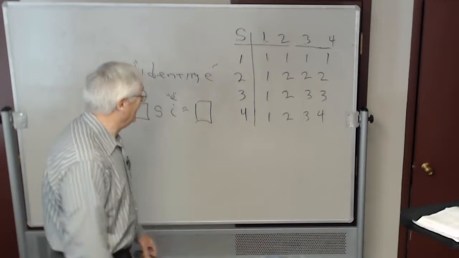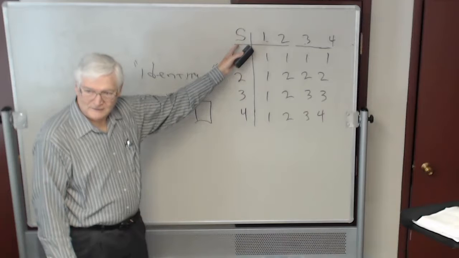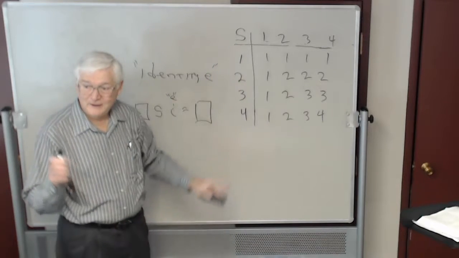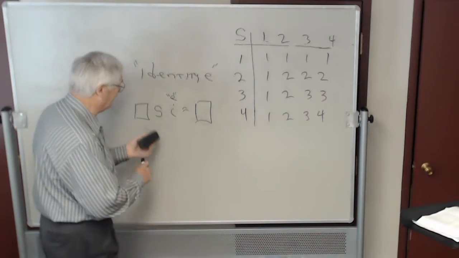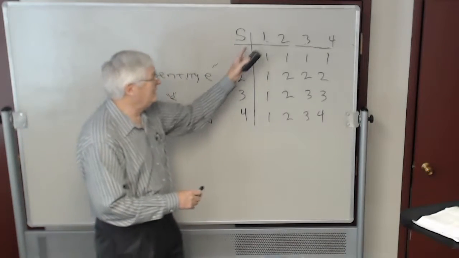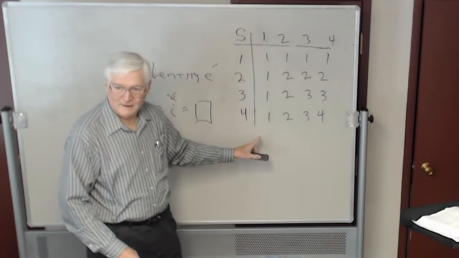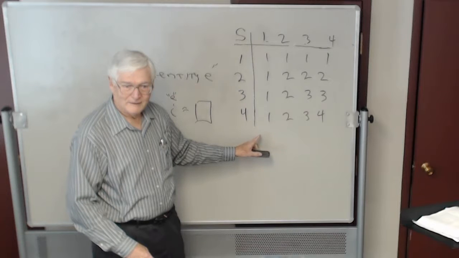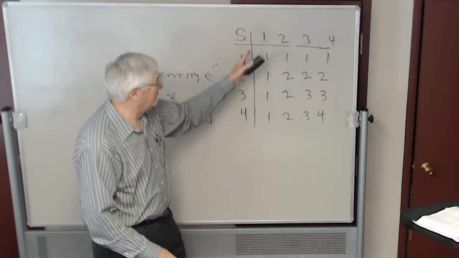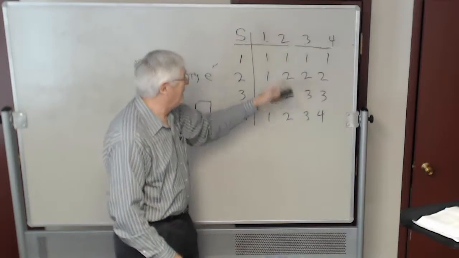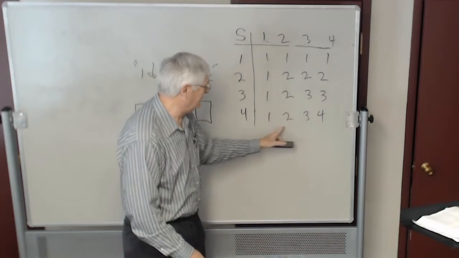Now, what's the identity element for this operation? It would be the element 1, 2, 3, or 4 that when you operate with it, it doesn't change the identity. So, are you following me, ladies? Here's the numbers 1, 2, 3, and 4. I operate with one of these numbers and it still stays 1, 2, 3, and 4.